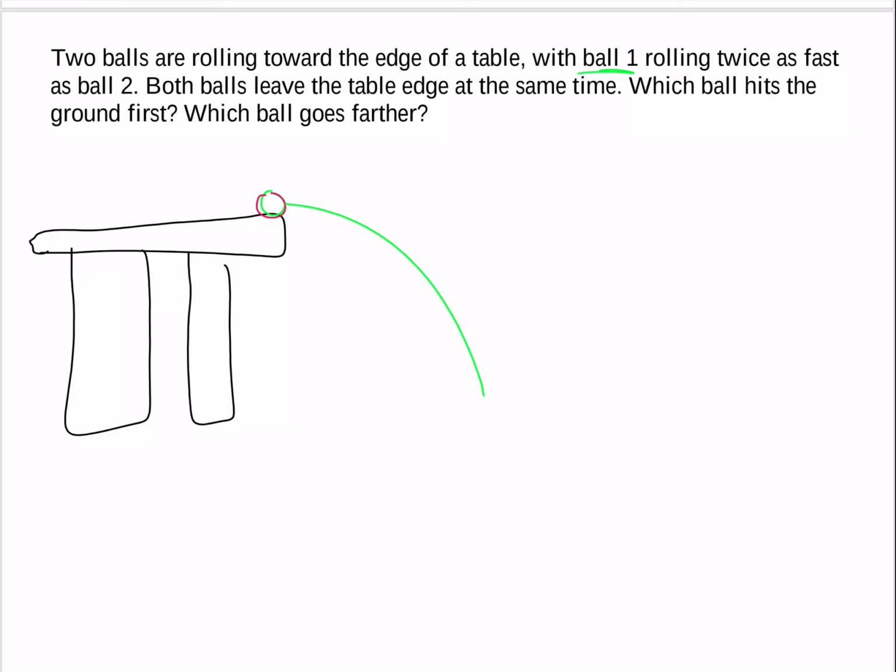So it's going to fall, we just saw, at exactly the same rate as ball one. Ball two rolls off, but it's moving faster. So logically, and if you did the lab, it will go farther. They fall at exactly the same rate. Like if I did the little snapshots like we just saw in the previous one, we would see these balls lining up as they fall, and eventually they will hit the ground. Which ball hits the ground first? Oh, they both hit at the same time.